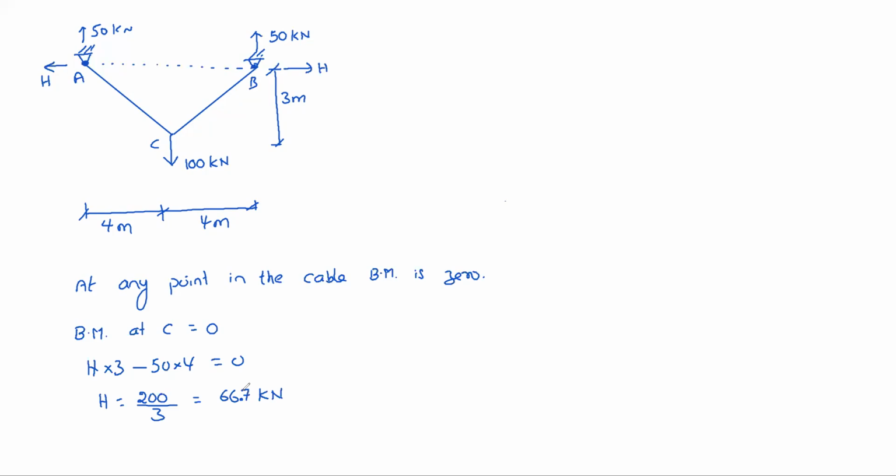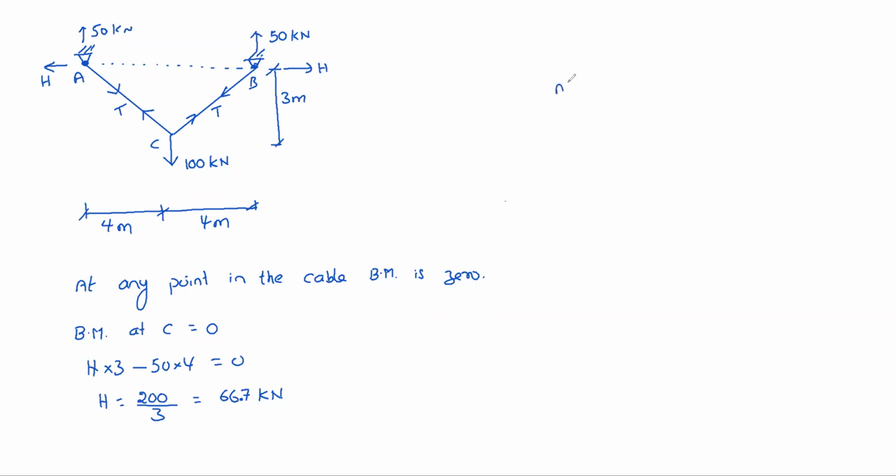Then you can find the tension in the cable. Tension means away from the joint, okay? Like trusses, you can assume here, away from the joint, it is a tension. Let us assume it is T. Of course, the method of joints also you can use here to find the tension in the cable.